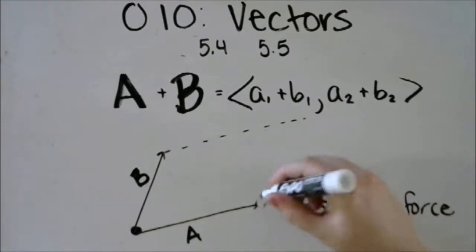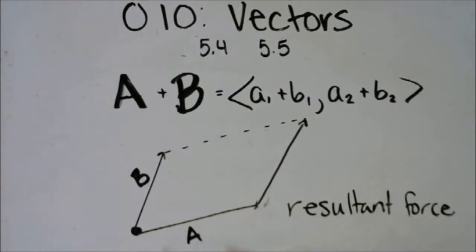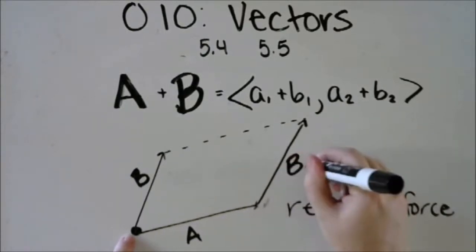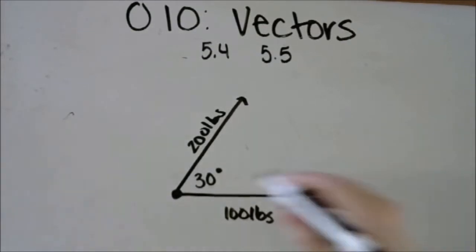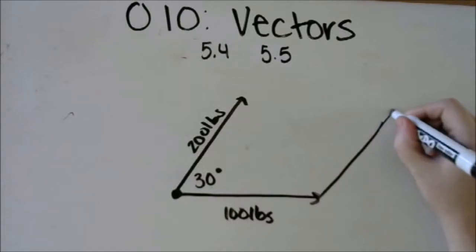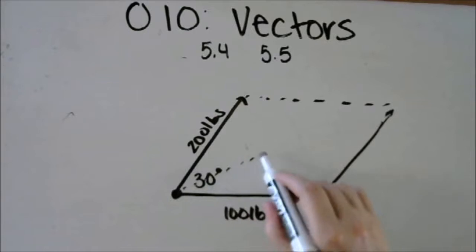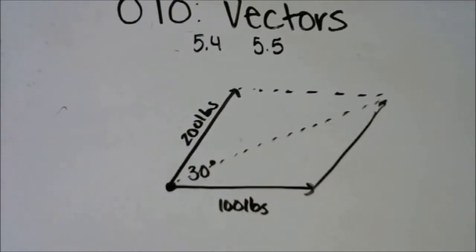So the resultant force is the vector from the initial point of A to the terminating point of the new vector B. Using the parallelogram law, we can draw our 200-pound force here, connect the parallelogram, and we know that the resultant force is this vector right here.